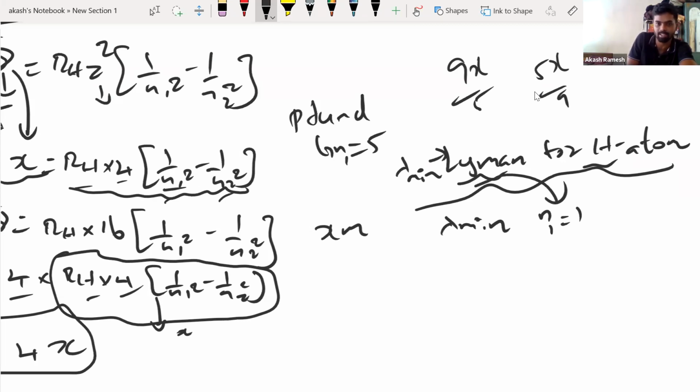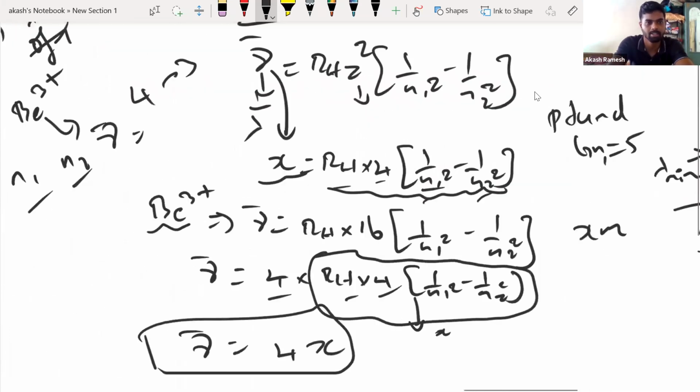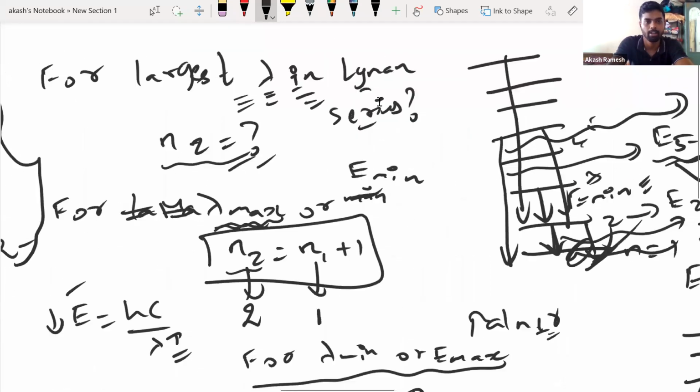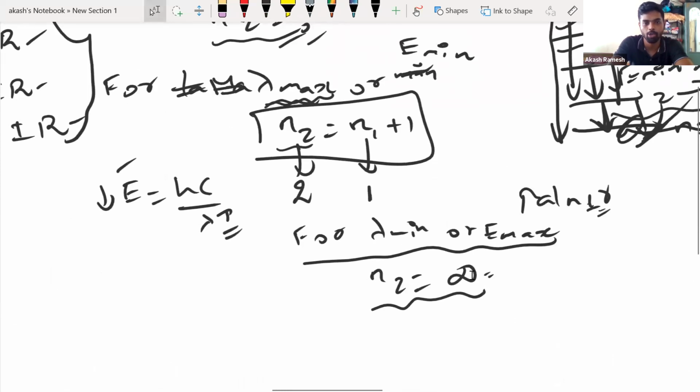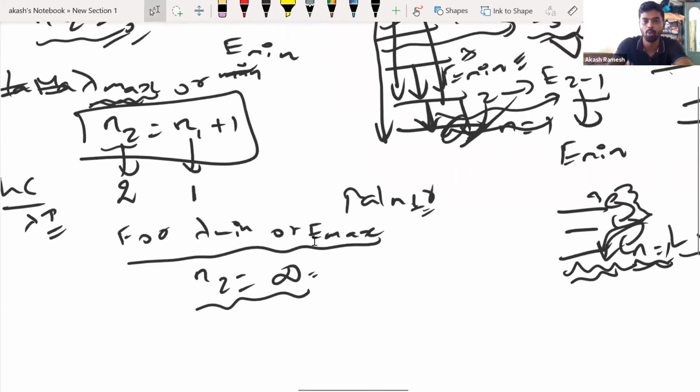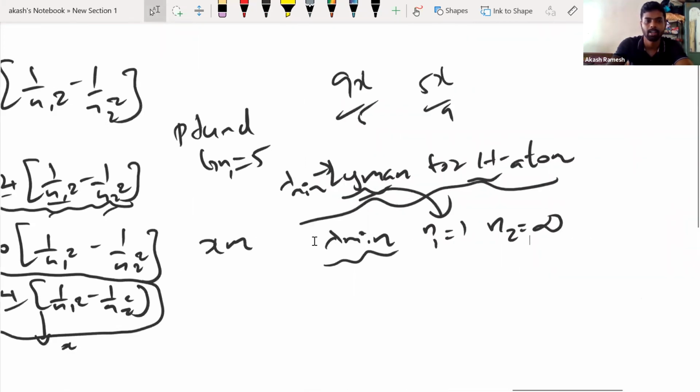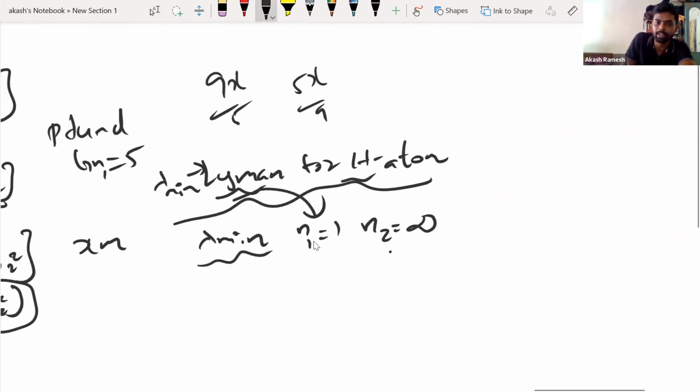This comes from the Lyman series. Now for lambda minimum, how should the n2 value be? I showed that it should be infinity. N1 depends on what series you're talking about. In this case you're talking about Lyman series, so n1 is equal to 1 and your n2 will be infinity because I'm having lambda minimum. Now this you must understand.